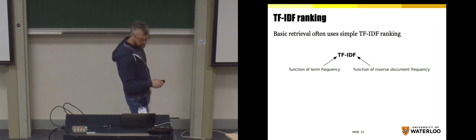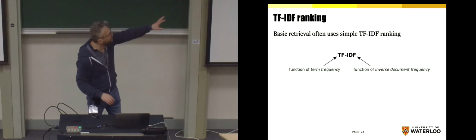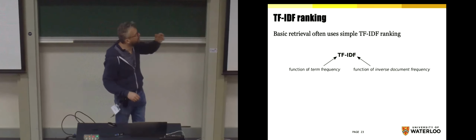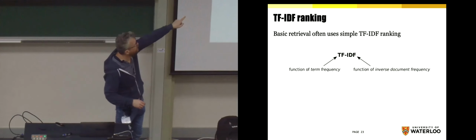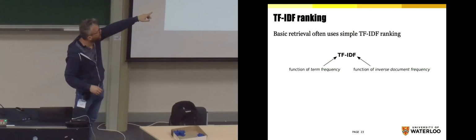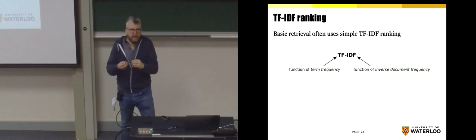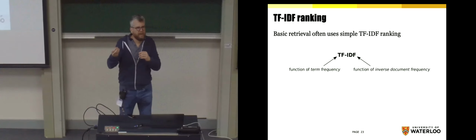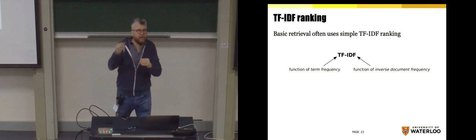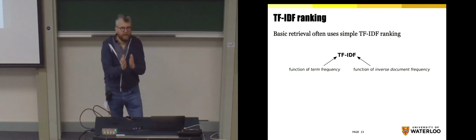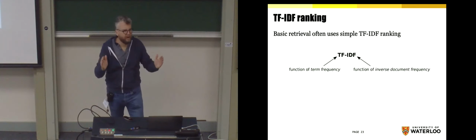And then we put them together into something called TF-IDF ranking, which you may have heard about if you've read any of this stuff. That's just a combination of a function of term frequency and a function of inverse document frequency, so that if things occur in something frequently, the inverse is small, right? But if it doesn't occur very often, the inverse is large.